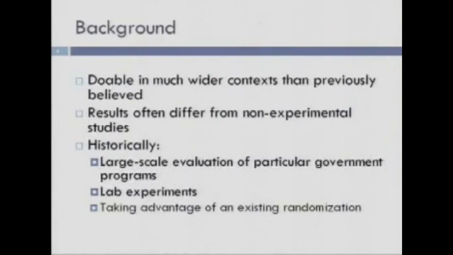So what have been the lessons from this wave of randomized evaluations? I think the lessons suggest that it's worth doing more of them. First, if you looked 20 years ago, people thought of social experiments, and I'm not thinking of the lab experiments, I'm coming from the opposite end of the spectrum, the social experiment side, as things like the negative income tax experiment and the Rand health insurance experiment in the 70s.